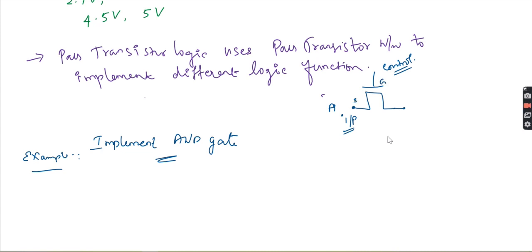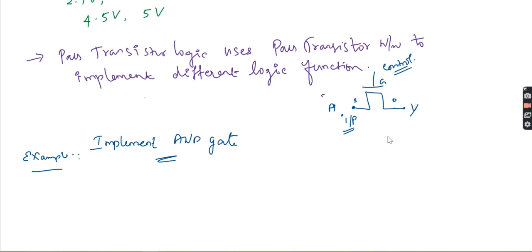The source or drain can be either, because in a pass transistor I can consider either. But better, when the input given is 0, that will be at the source. When I give a higher value, that will be the drain, but no need to worry about that. The source and drain are here, this is the control signal, and this is Y.